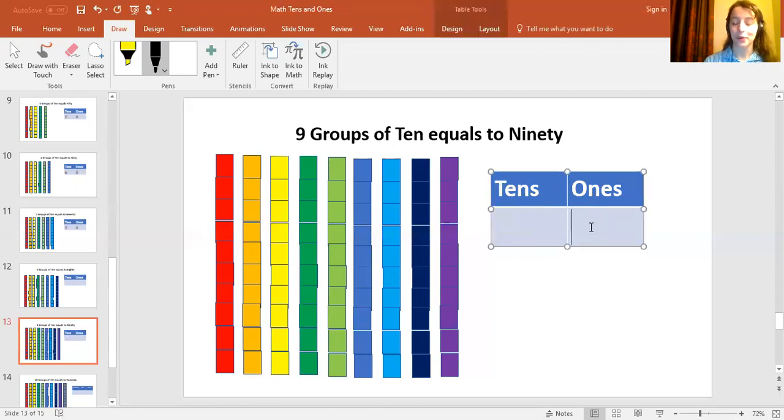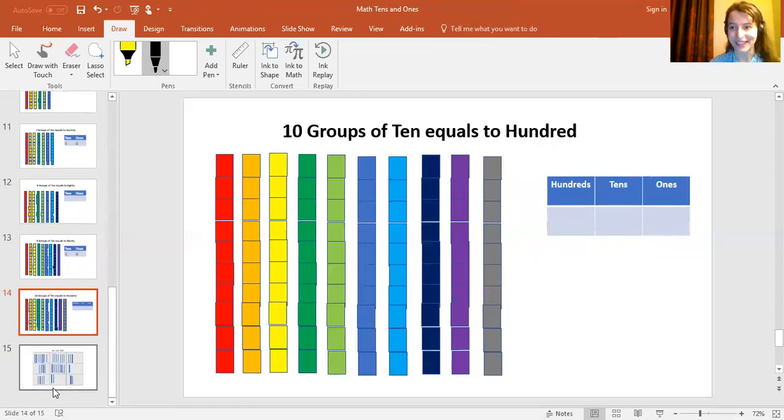If you said 0, you are correct, because when counting by tens there are only groups of 10. We have nothing left over, so it would be 0. And then what would be in the 10s spot? If you said 9, you were correct because there are 9 groups of 10 as we counted.